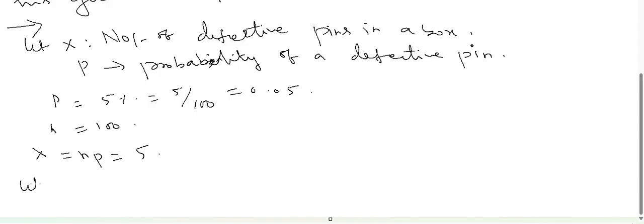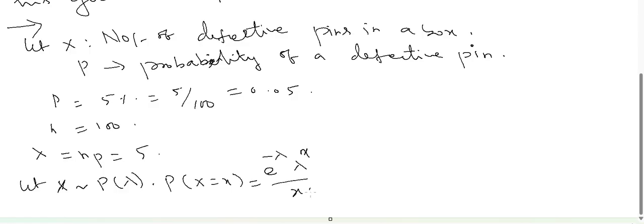Let X follow a Poisson distribution with the parameter lambda. So P of X equals x is e power minus lambda, lambda power x by x factorial, where x takes 0, 1, 2, 3, etc. up to infinity.